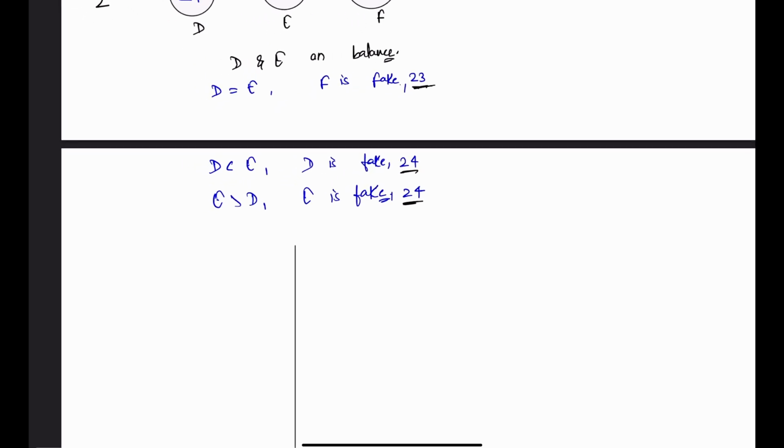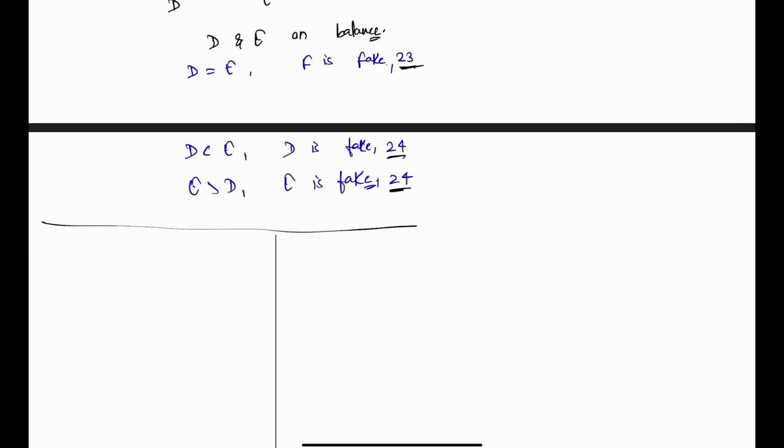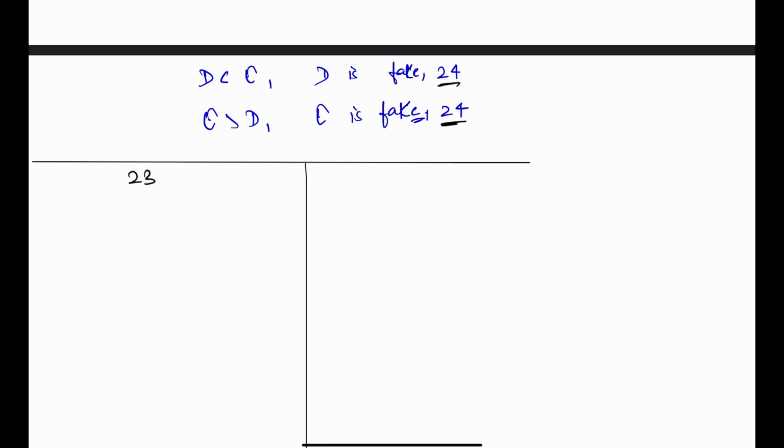In reality nothing is going to bother, but still for the sake of this understanding and for this time only, let's try to solve. Suppose that the 23 coins box is fake.